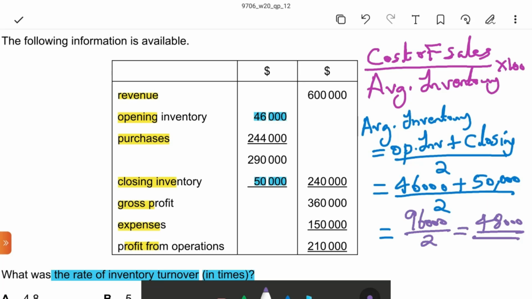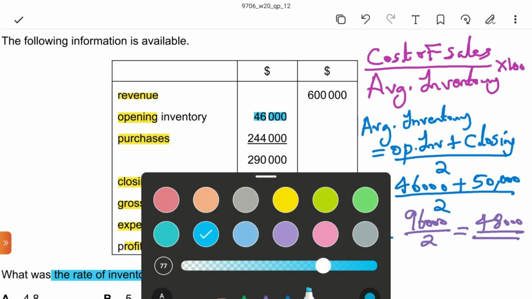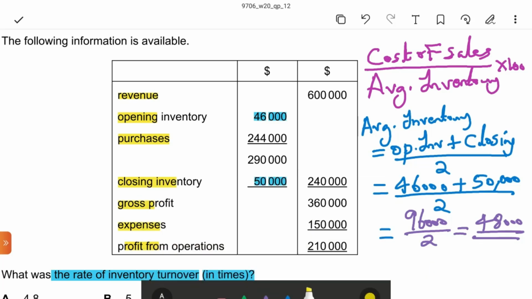Now we can apply this into the equation. Cost of sales. What is the cost of sales? Average inventory is 48,000. So cost of sales is given: opening inventory plus purchase minus closing inventory is equal to cost of sales.